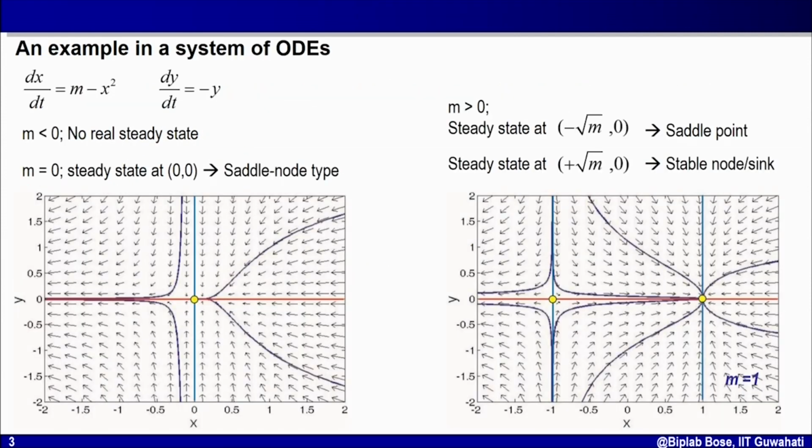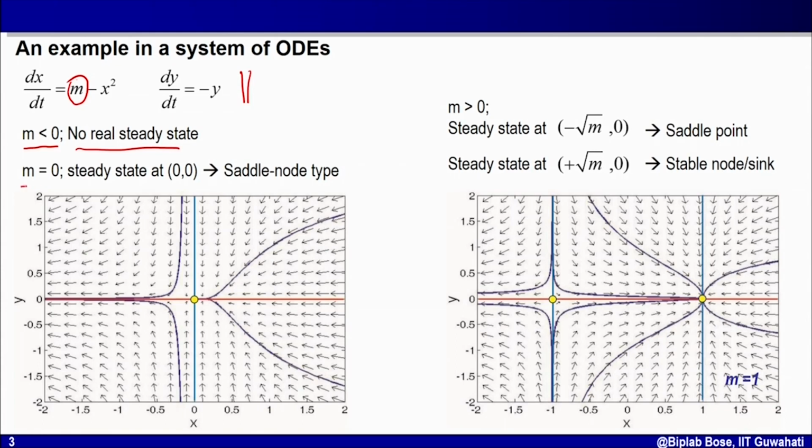Let us take an old example that we discussed in the last module. I have a system represented by this set of two ODEs: dx/dt equals m minus x squared, and dy/dt is equal to minus y. As we discussed earlier, if I take m as a parameter and check whether it causes bifurcation in the system, I can see that when m is less than 0, there is no real steady state, so we are not much bothered about that.